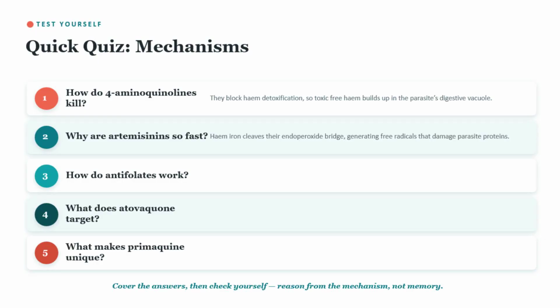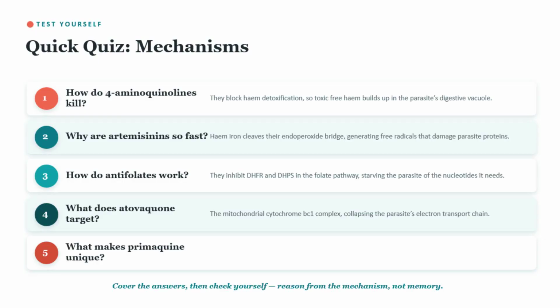Let me use this as an active recall checkpoint after our mechanism section. I want you to cover the right column and answer each prompt aloud before you reveal it.